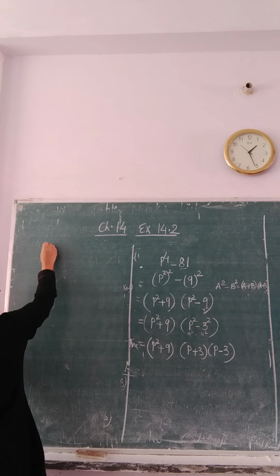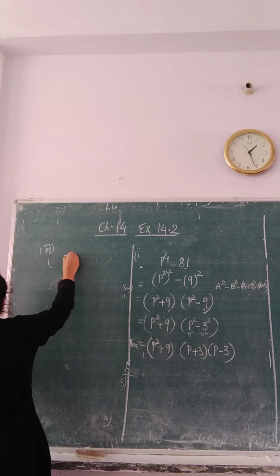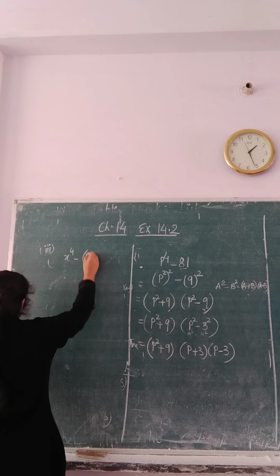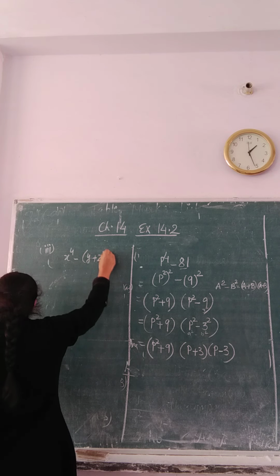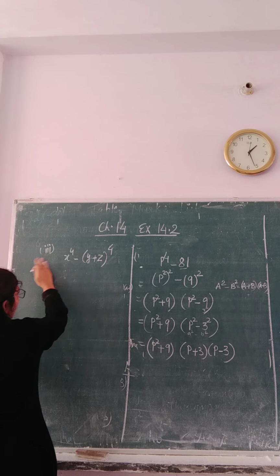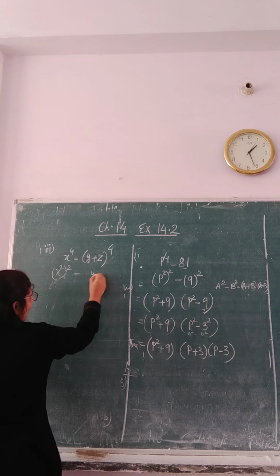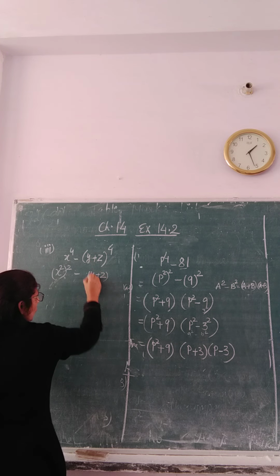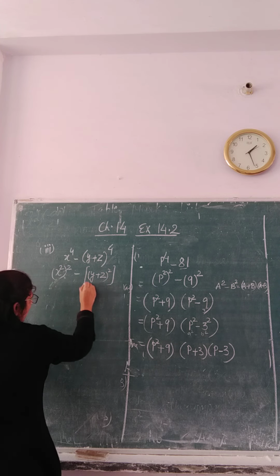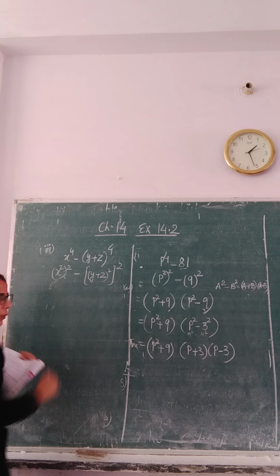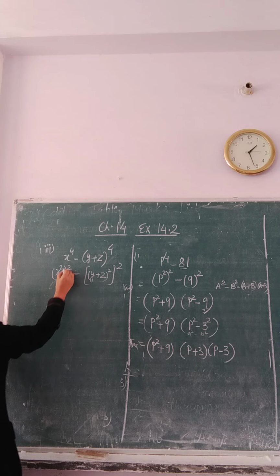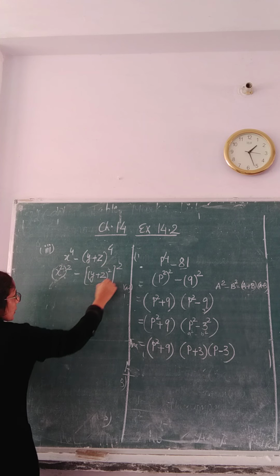This third part is x raised to power 4 minus (y plus z) whole raised to power 4. It can be written as (x square) square minus ((y plus z) square) again square. So again a square minus b square: this plus this, and this minus this.